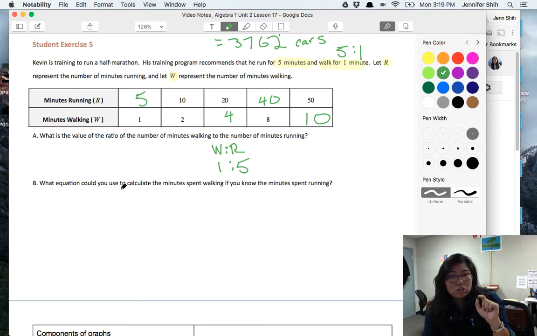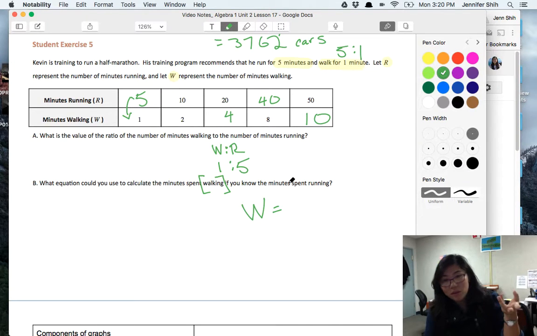Now, what equation could you use to calculate the minutes spent walking if we know how many minutes are spent running? If we know that we ran for 5 minutes, what do we multiply or divide by to get to 1 minute? Well, we can divide by 5. So you take your running minutes, divide it by 5, and then you'll get your walking minutes.